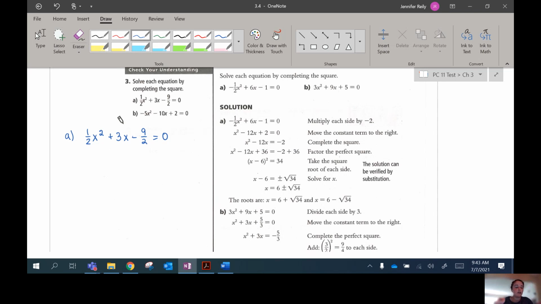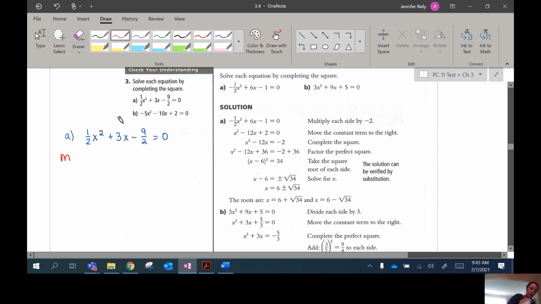So what we have to do at the very start is multiply both sides by something that changes that coefficient in front to be 1. In this case, I'm going to multiply by 2 because that's going to multiply with the 1/2 and create 1 as my leading coefficient. And then I'm not going to have to worry about those fractions anymore.